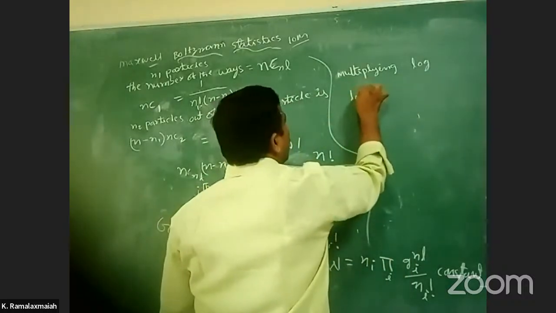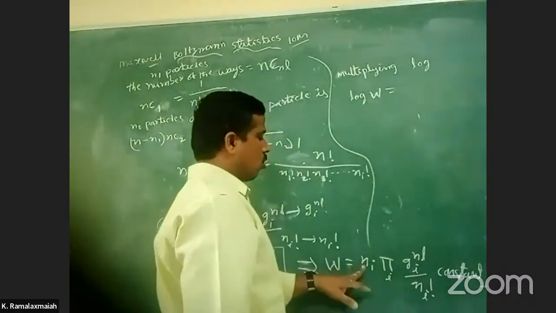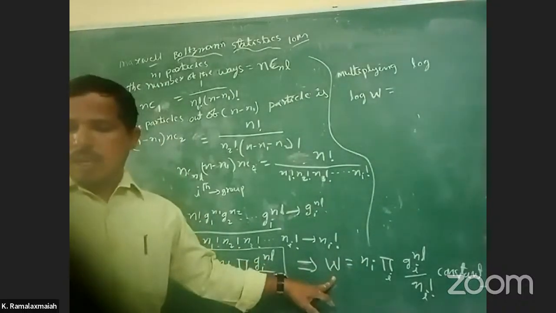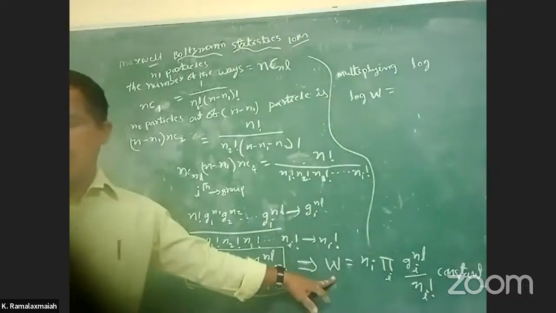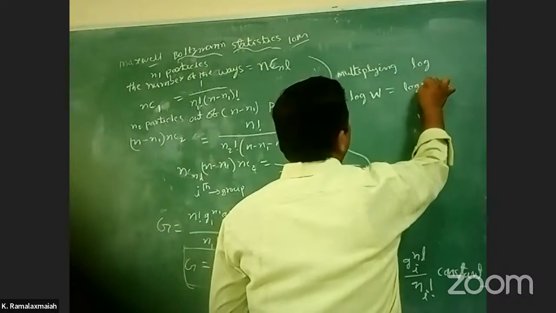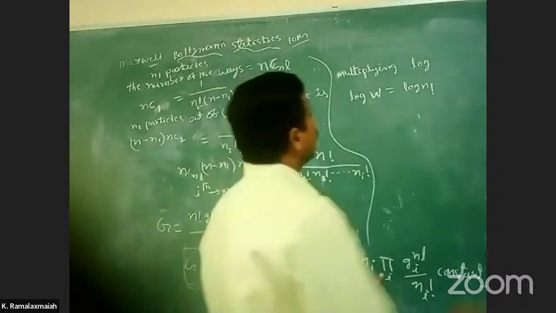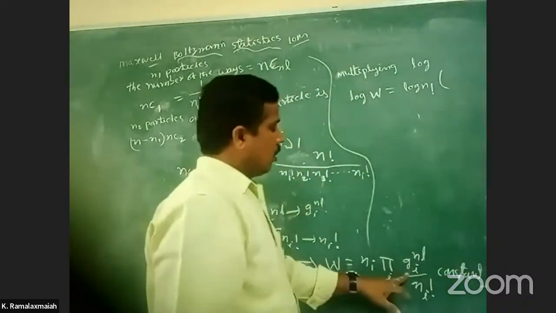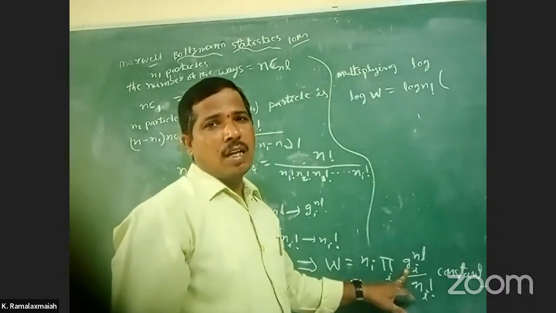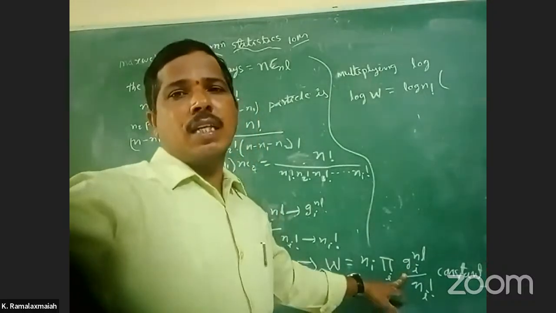So log W is equal to log n factorial, minus log n1 factorial and so on. You use the log a by b formula: log a minus log b.